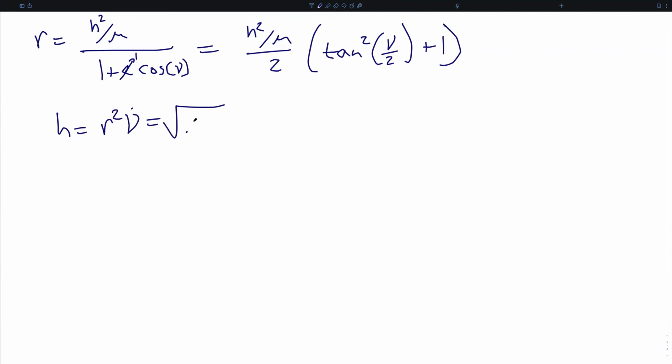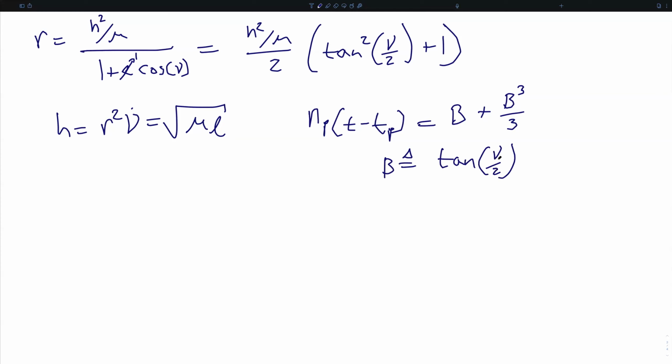Remember, the angular momentum is equal to r squared times the time derivative of the true anomaly, and is also equivalent to the square root of the product of mu with the semi-parameter. So if we make the substitution and integrate this expression with respect to time, what we will get is the mean motion on the parabolic orbit times t minus the time of periapsis passage is equal to B plus B cubed over 3, where B, sometimes known as Barker's anomaly, is defined as the tangent of the true anomaly divided by 2.